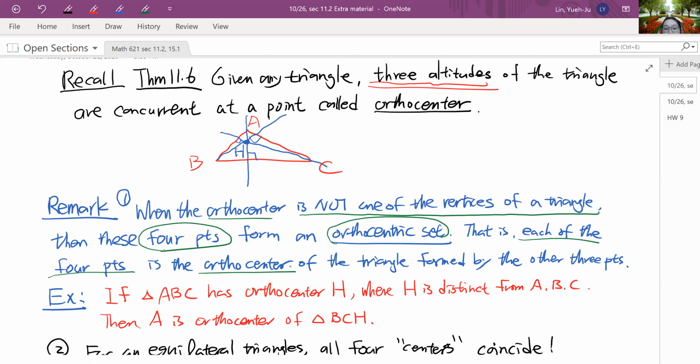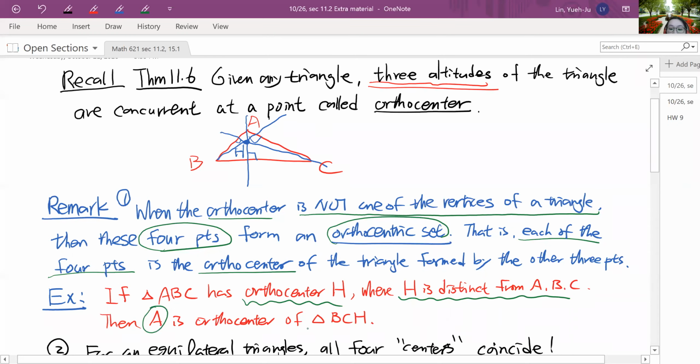So what does that mean? For example, using the picture I just drew, if ABC has an orthocenter H, where H is not the same as any of A, B, and C, then you can prove A is going to be the orthocenter of triangle BCH. And you can do the same thing: B is going to be the orthocenter of ACH, and C is going to be the orthocenter of ABH.